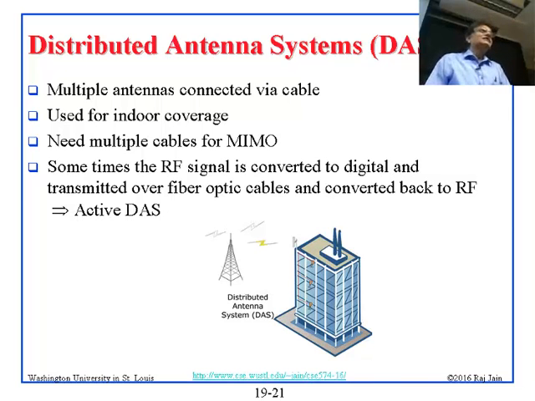Now this one is one antenna, one cable. If you have multiple antennas, you need multiple cables. Right? And sometimes the RF signal is converted to digital. Now what you bring down is also another choice you have. You can just bring down the RF signal as it is and broadcast, or you can convert it into digital and do something. So yeah.